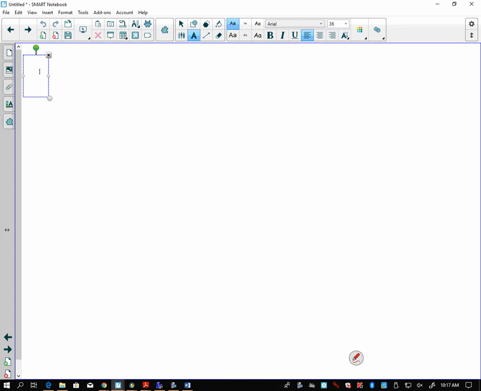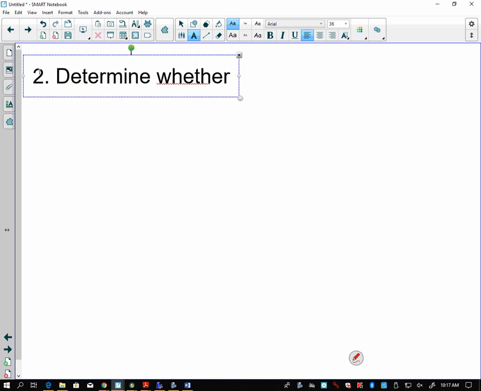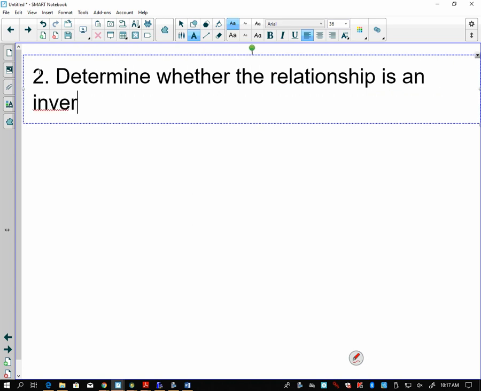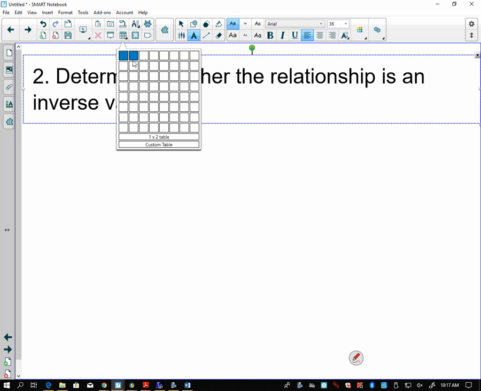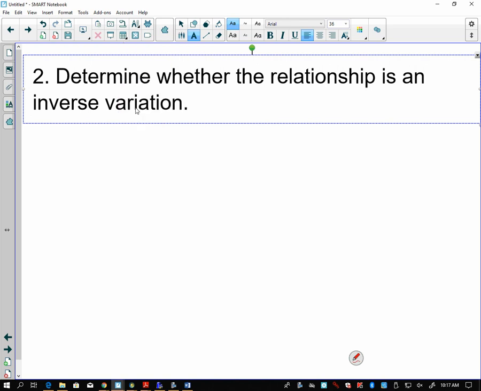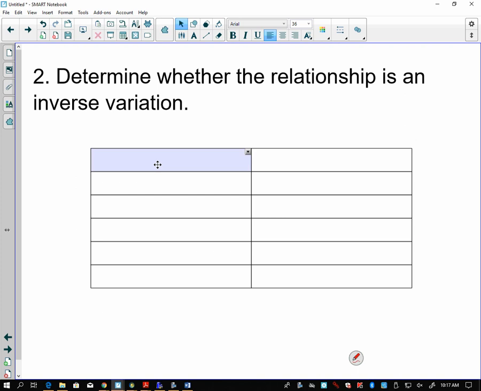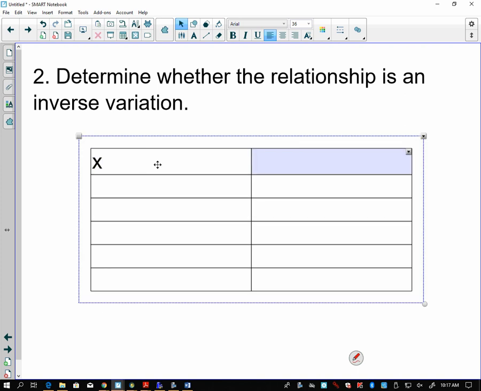We'll try it. Question 2, determine whether the relationship is an inverse variation. Okay. Then they're going to give you a little chart. Okay, it looks something like this. Let's see, we've got our x values, we've got our y values.